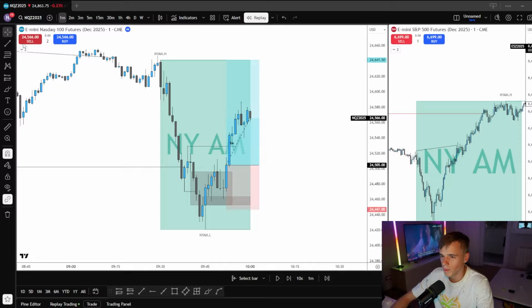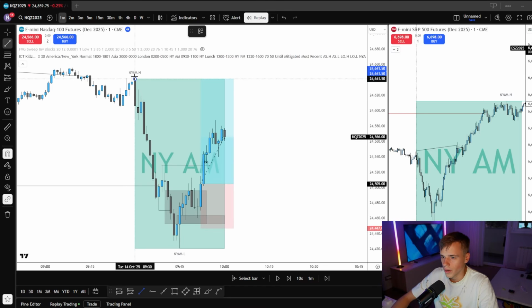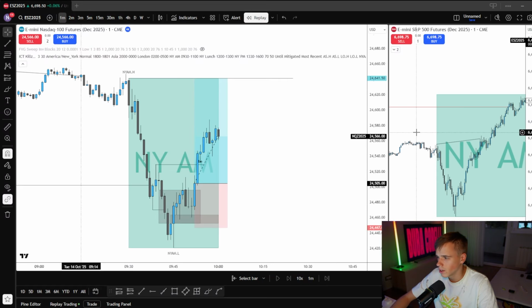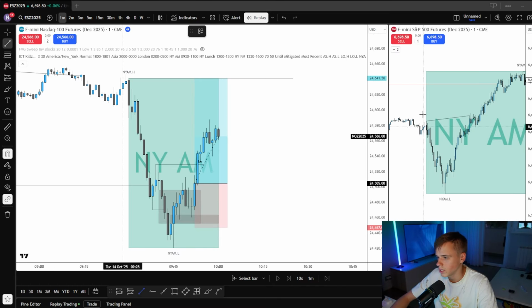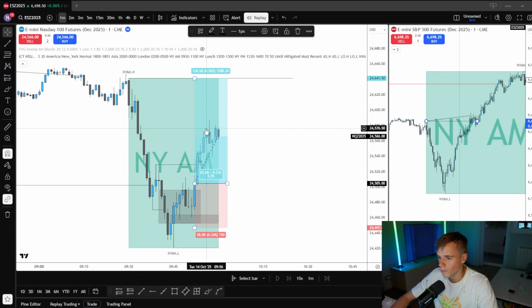So what happened in this example, if I leave this New York AM open, so we can see the session indicator, I'm going to mark this high out, and then mark the same high right here on the ES. And if we look at the price action, if I put my crosshair right here, you can see on the second chart where the market is at this point.